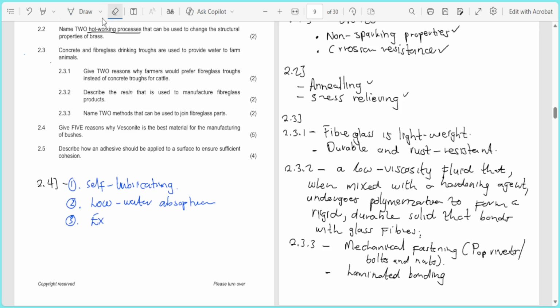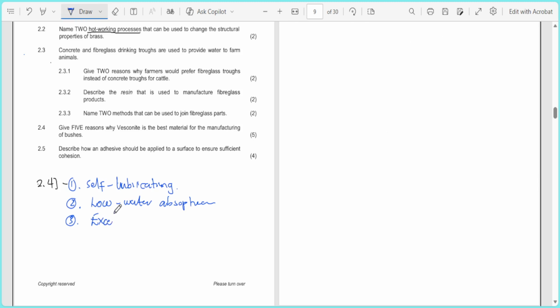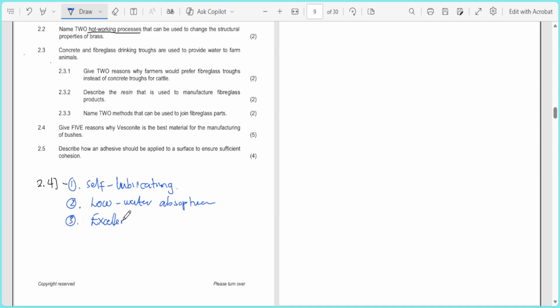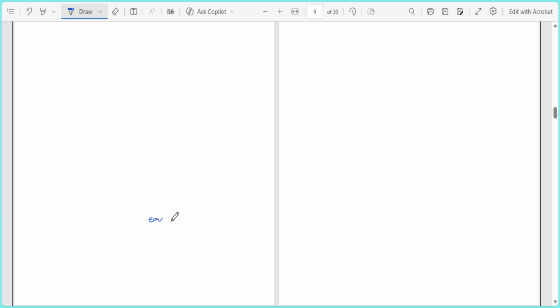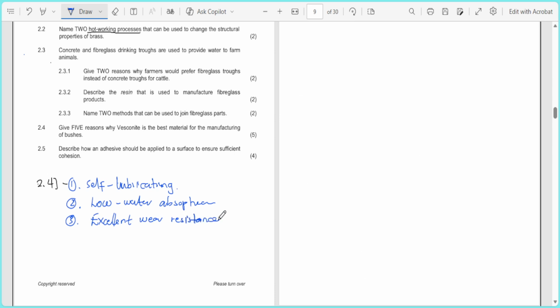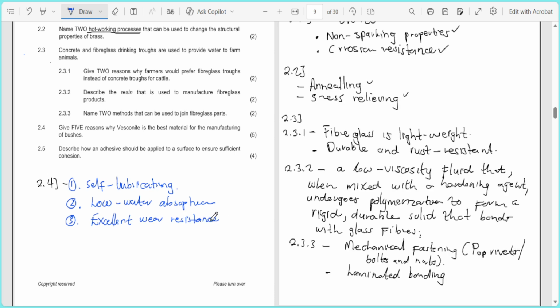Number 3, we have another reason, which is that it has excellent wear resistance. When reinforced with fibers and fillers, it can withstand abrasive farm contaminants like soil and sand.